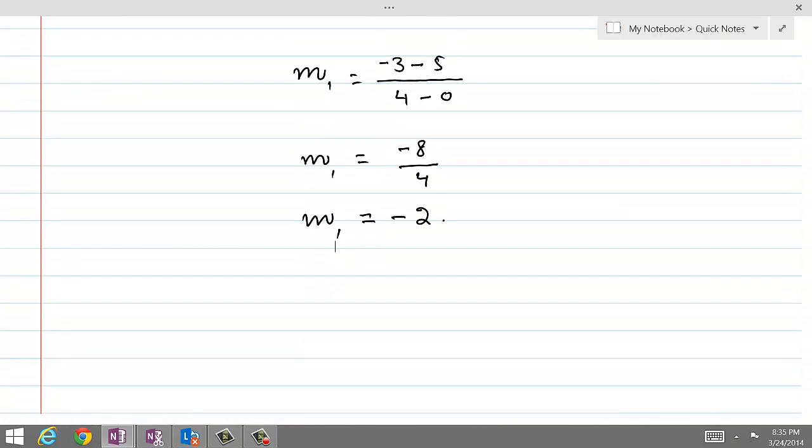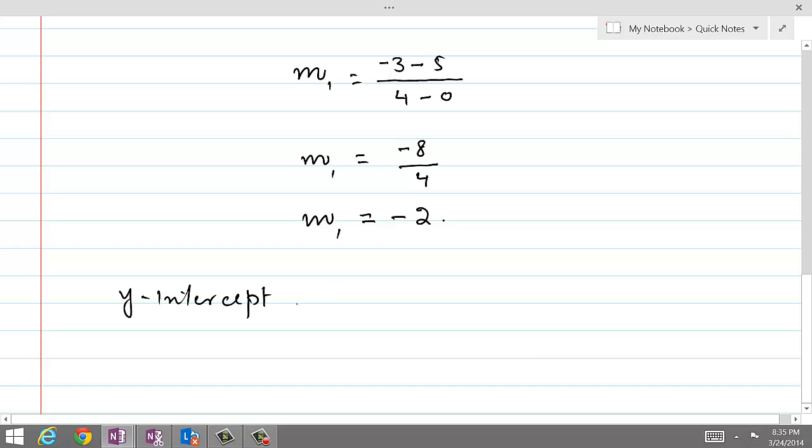The y-intercept is a point on the y-axis where x is equal to 0.